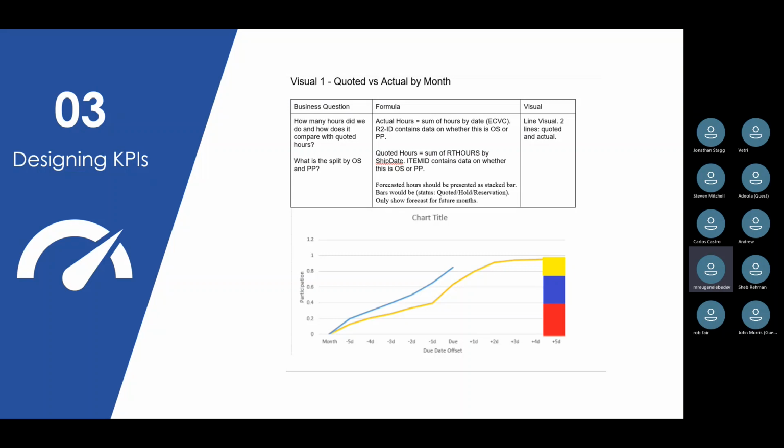So I would take a screenshot either from my previous work or from the internet, and essentially I would create this for every single business question that we've written down.